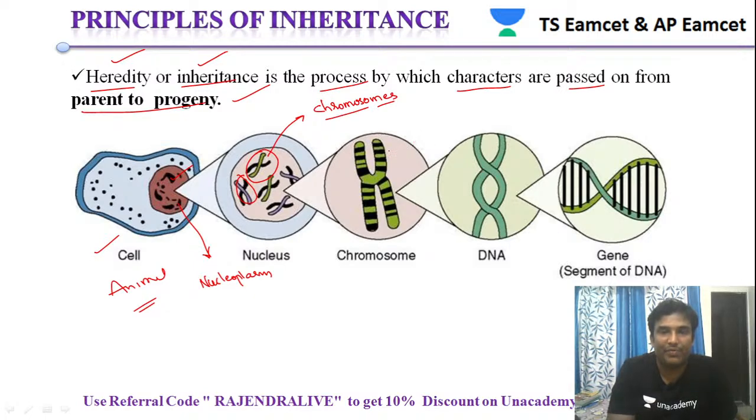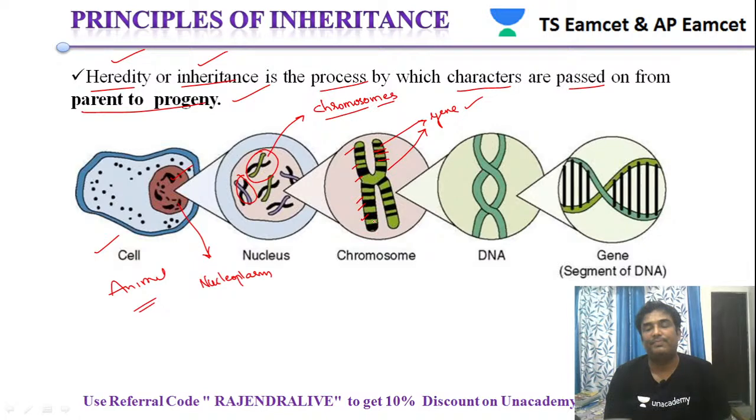If you see this chromosome, every chromosome has genes. Here we have a gene, and here also we have a gene. So on the chromosomes we have several genes. The gene is made up of DNA.